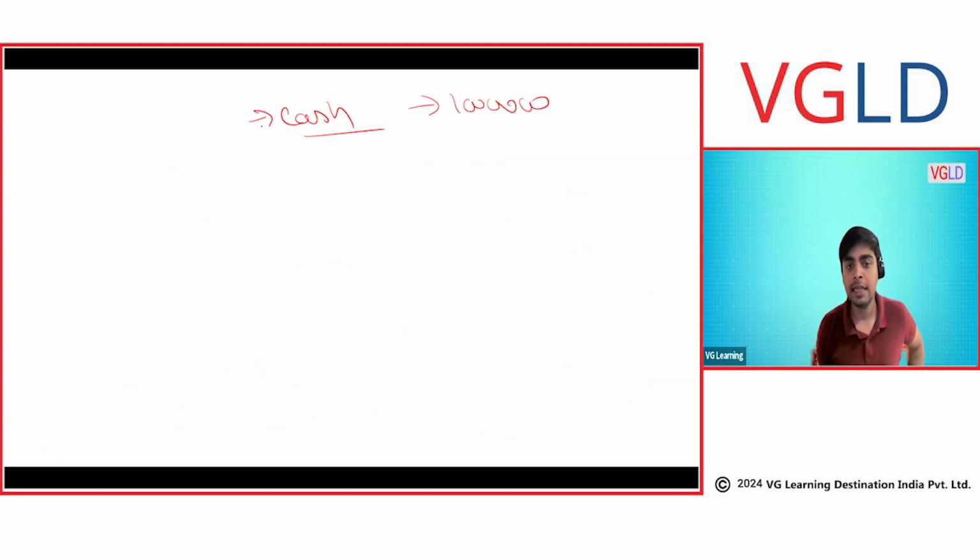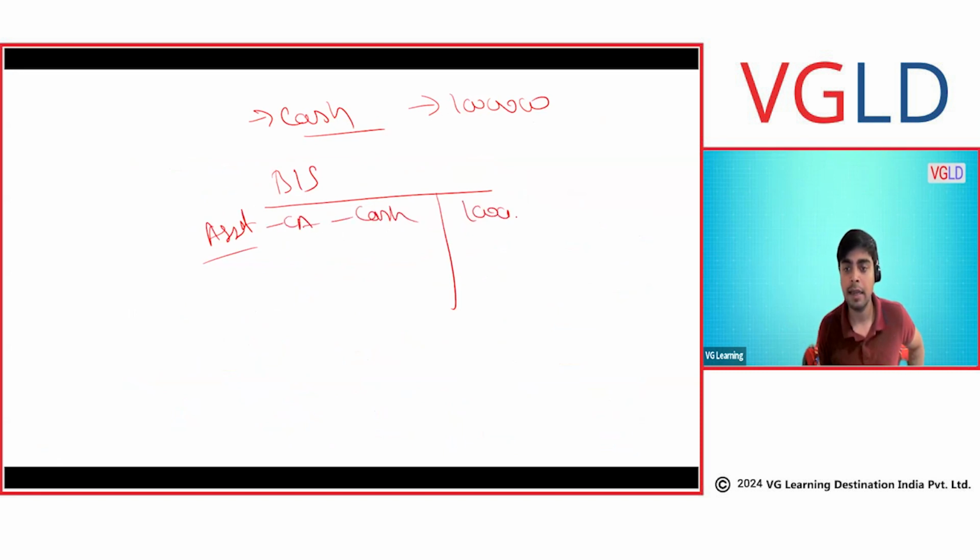You will see that in your balance sheet, if I draw a balance sheet, this cash would be showing in your assets as a current asset, 10 lakh. Now you would see what is the other side, right?